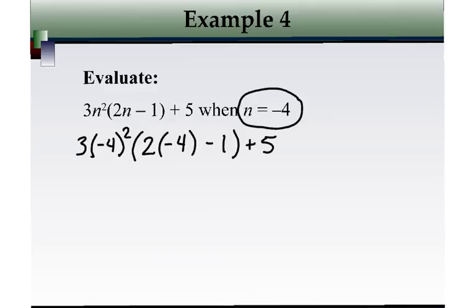The reason I put negative 4 in parentheses is that when you're using your calculator and you put the negative 4 in parentheses and square it, you are going to get a positive 16, because this is like saying negative 4 times negative 4, which is a positive number, because a negative times a negative is a positive.